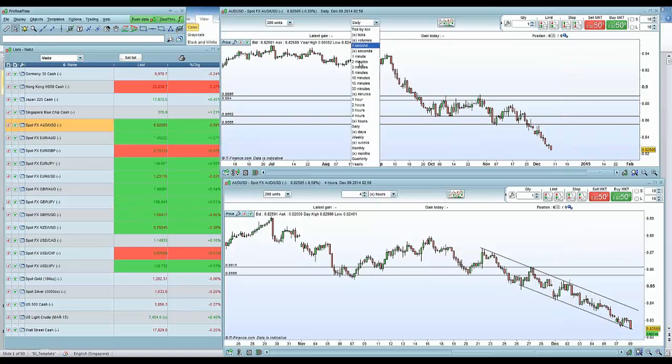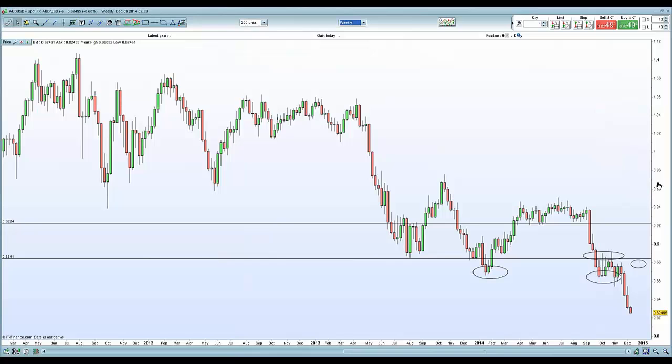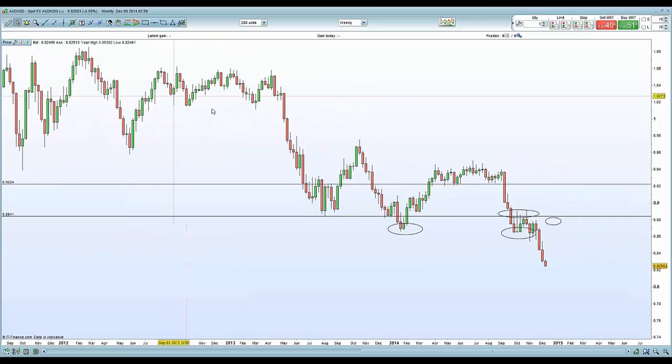Okay, now Aussie dollar has been really, really weak on the backdrop of weak China news coming out since the August-September period. Comments by the RBA saying that the Aussie dollar is a bit too high and things like that. All right, so really, really weak Aussie dollar, very strong downtrend, and again, weekly chart, things have not changed in terms of the trend for the past 4 or 5 months as well.